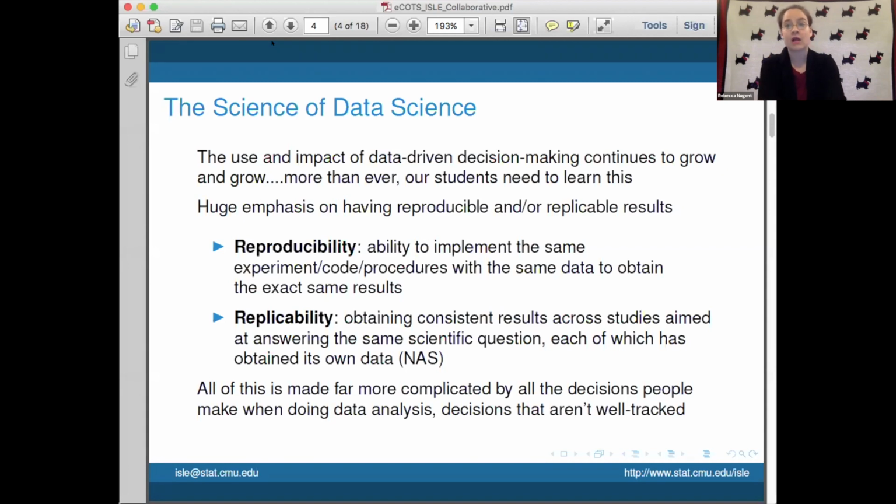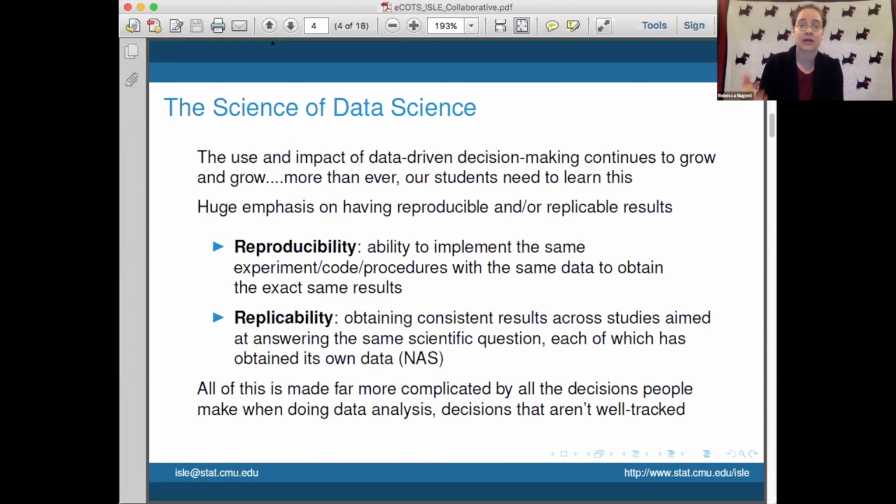So if you're thinking about a classroom, maybe one group of students is doing a survey project, and another group of students is designing their own survey, or doing the same experiment, maybe on a slightly different population. Do they get to the same results? Is an intervention associated with a positive outcome? Something along those lines. The tricky thing for us is that all of this is made far more complicated by all the decisions that people make when they're doing data analysis.